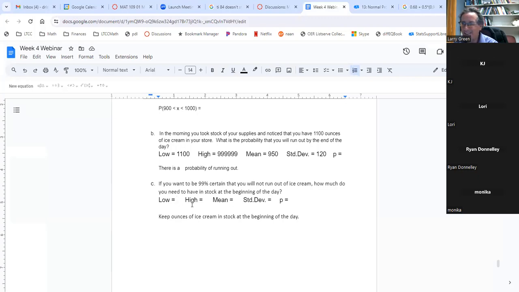So in a way, what's the low if you don't want to run out of ice cream? Yeah, that's the one I leave blank. Do you see that? Or actually, sorry about that. The low, if you don't want to run out of ice cream, is what? So the high is what we leave blank, but the low is going to be 0.